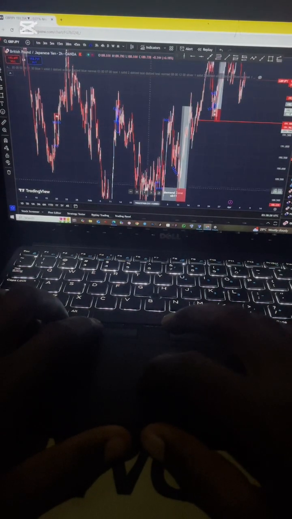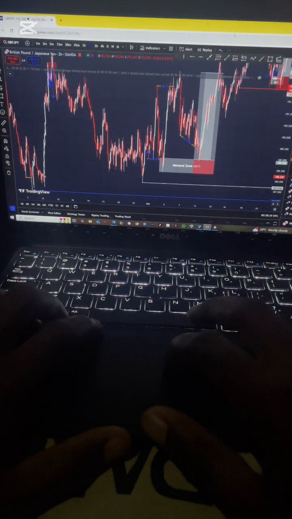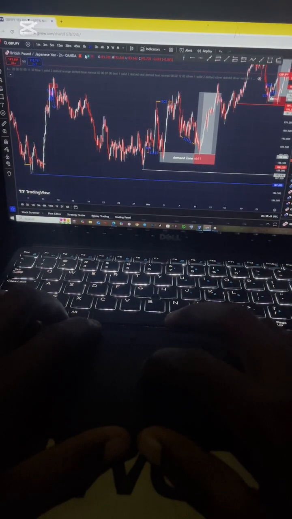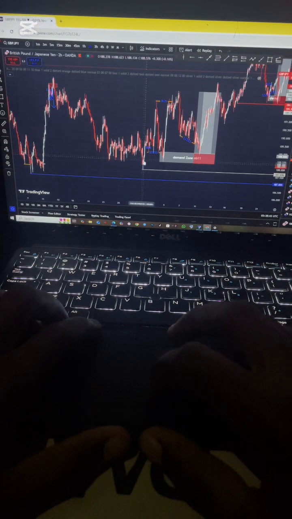I'll show you one example that we have here, how I caught this buy. The market was in an uptrend. I saw this high here.